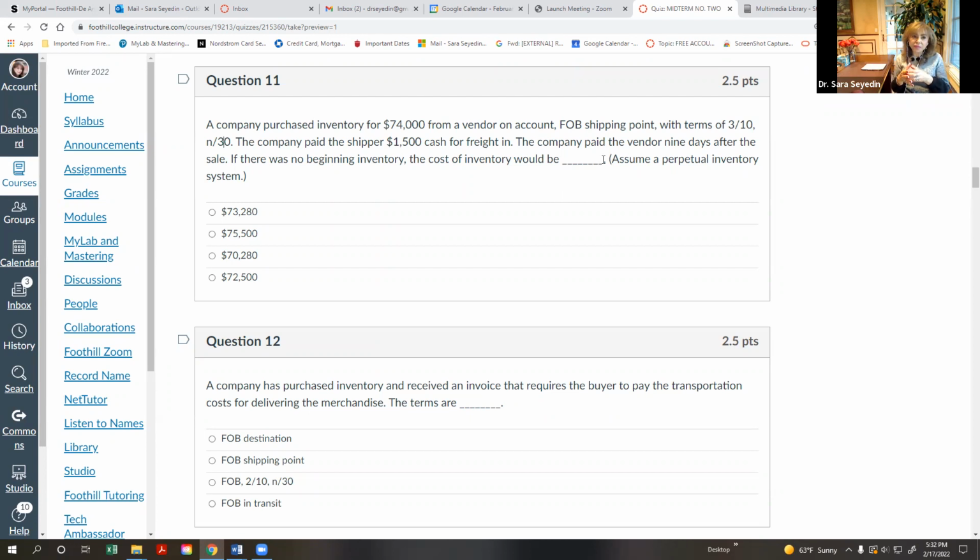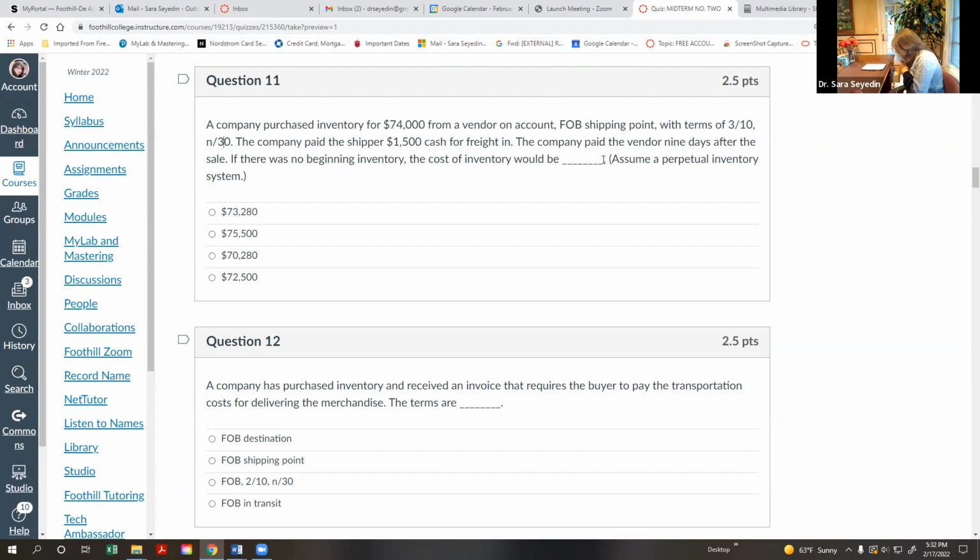Then I get a 3% discount because the buyer paid within the discount period. So if I get 3% off, that means 97% of it is my cost. So you go 97% of 74,000, that's going to be your cost.